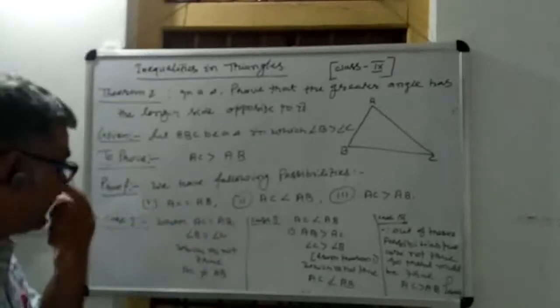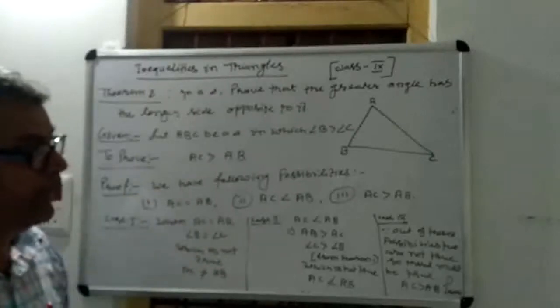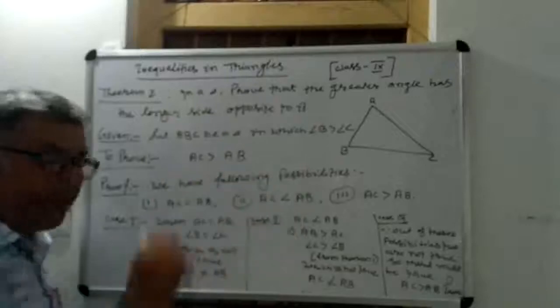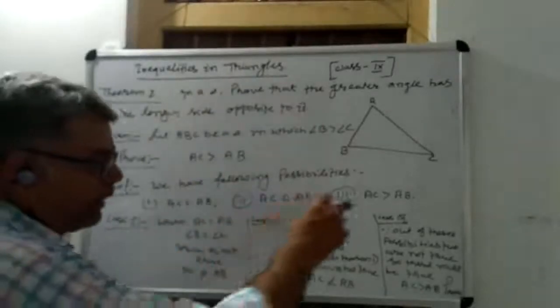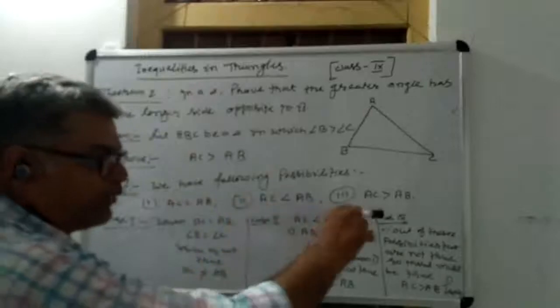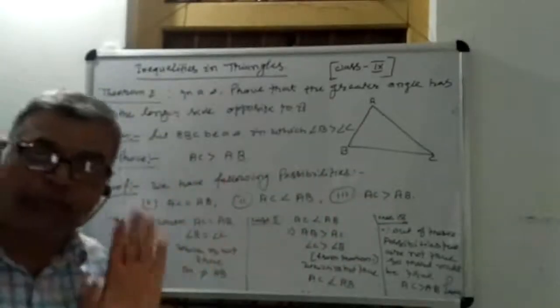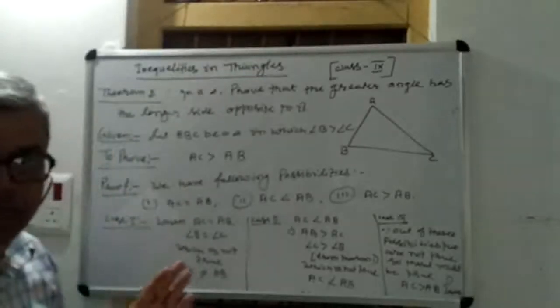First we take the case that AC is equal to AB. Second, AC is smaller than AB. And third, if these two are not true, then it is obvious that AC is greater than AB. Only these three possibilities are here. So now we check each and every possibility.